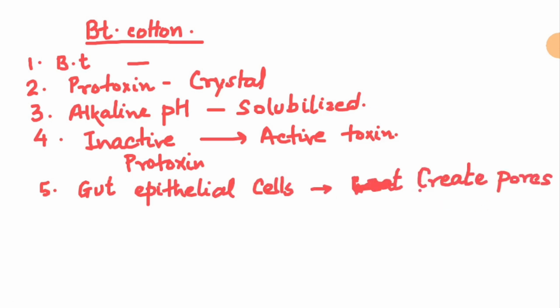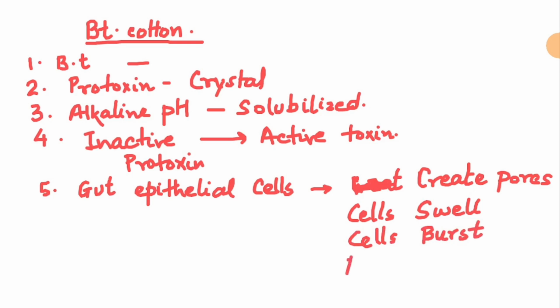And because of it, the cells swell up. And finally, cells will burst. Therefore, the pest dies. So this is how we can say that Bt toxin has insecticidal properties.